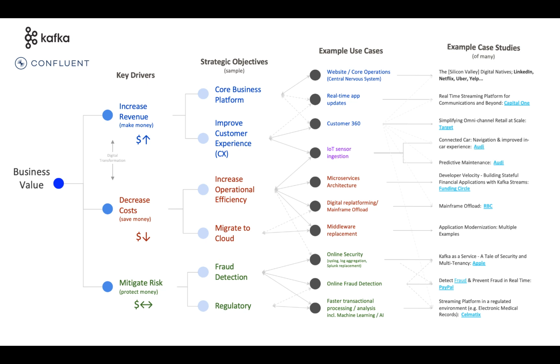In contrast to that, Kafka today is used for many other use cases. You see here a few examples, and often this is to build a new use case or business platform, which has to run at scale in real time in a reliable way for really mission critical workloads. Or it is used to modernize the architecture and infrastructure.